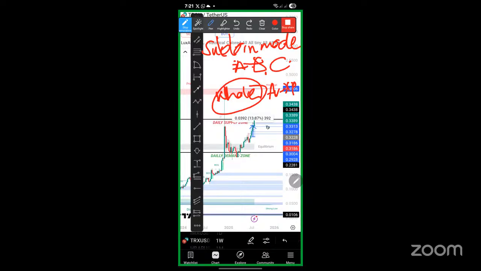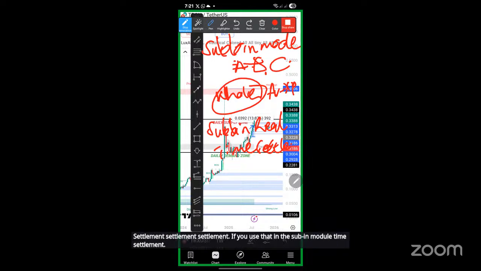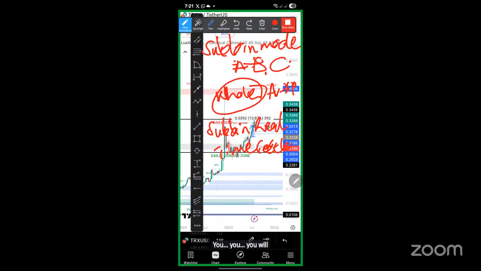If you use that in the sub-bin mode real-time settlement, you will make sub-sales. And your sub-sales will be heavy. Let me give you an example.